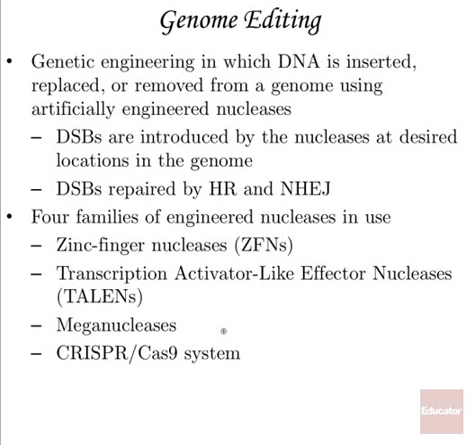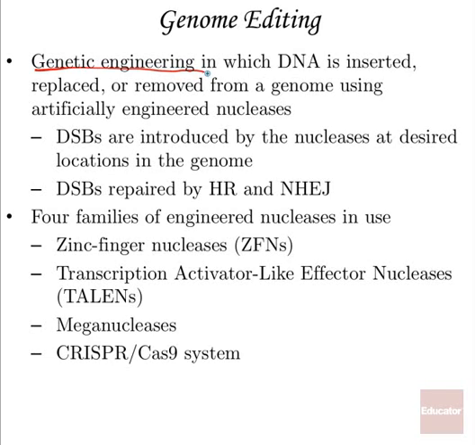So genome editing, let's start with that. First of all, what is it? It is genetic engineering in which DNA is either inserted, replaced, or removed from a genome using artificially engineered nucleases. Remember, nucleases are the enzymes that cut up nucleic acids, DNA and RNA.